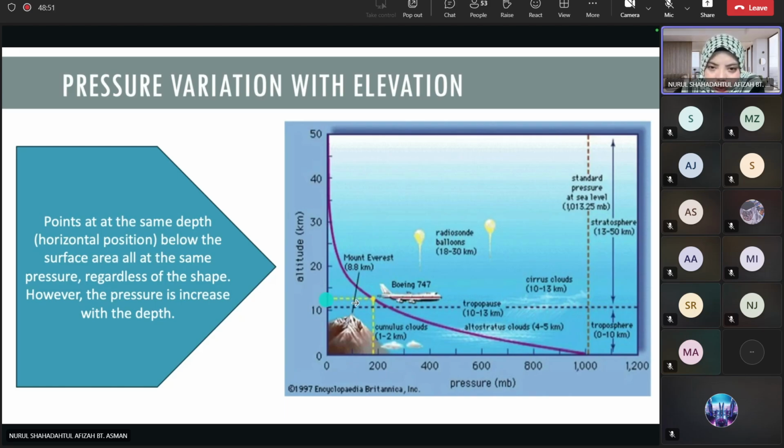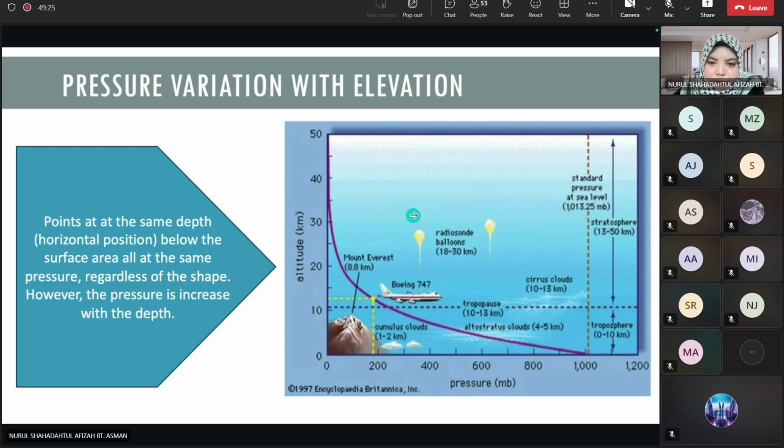Maksudnya semua depth kedalaman yang sama, the pressure-nya sama sahaja. Yang penting di kawasan yang sama lah with the same fluid. So however as we go deeper, makin masuk ke dalam air, pressure dia increase. Tapi position di ketinggian yang sama adalah having the same pressure.